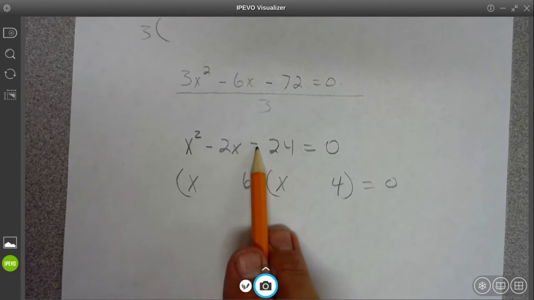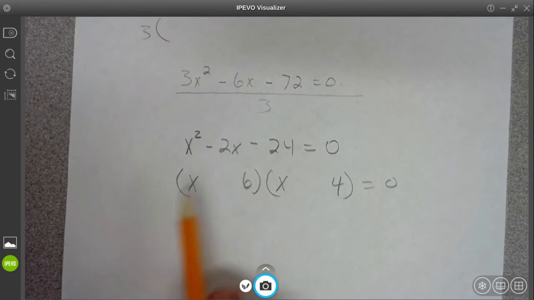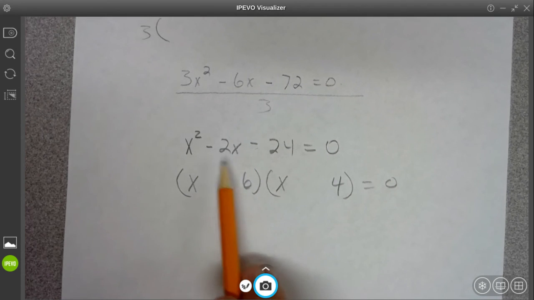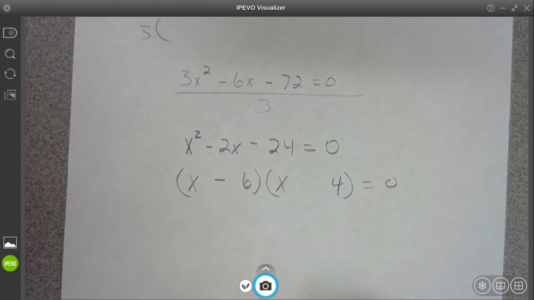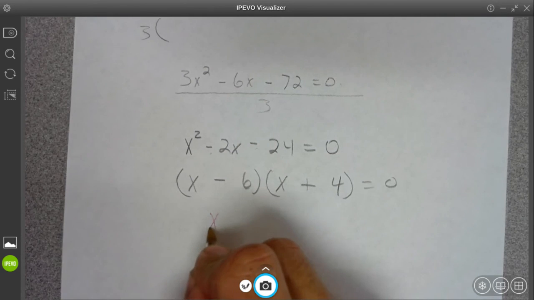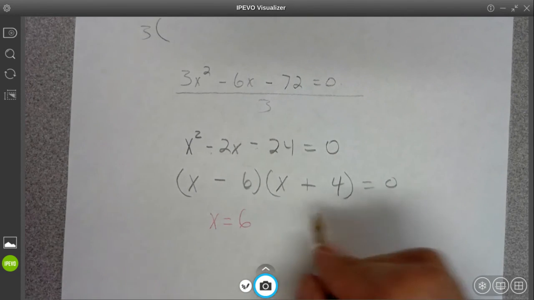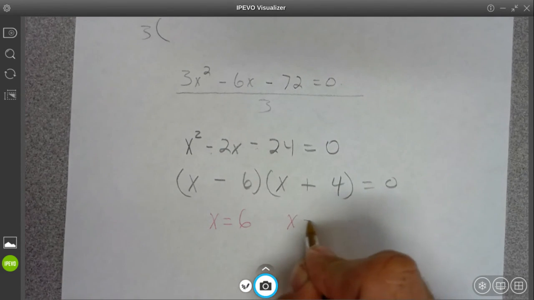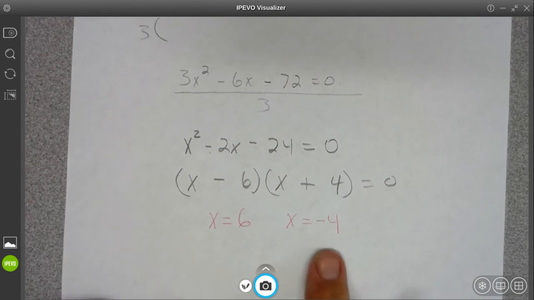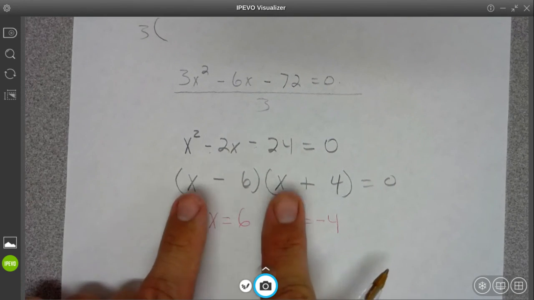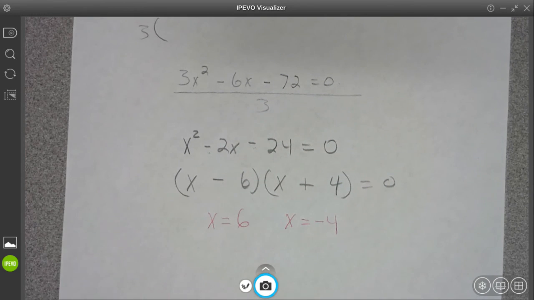They are different signs because that's a negative, so one plus and one minus, and the bigger number has to be negative. 6 has to be negative, and 4 has to be positive. And so our two answers: x could equal 6, or x could equal -4. Those are the two numbers that you can plug in for x to get 0. Good.